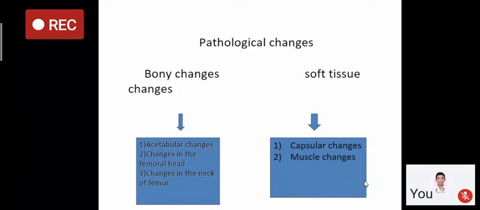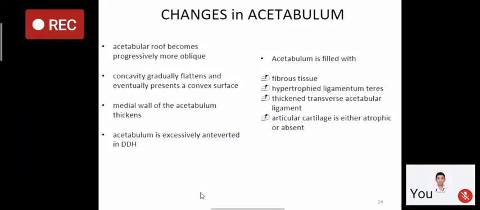Pathological changes. First is soft tissue changes and second is bony changes. And capsular changes and muscular changes. Acetabular changes, changes in the head of the femur, changes in the neck of femur. These are the different changes. Acetabular roof becomes more oblique. Concavity flattens. Medial wall thickens.